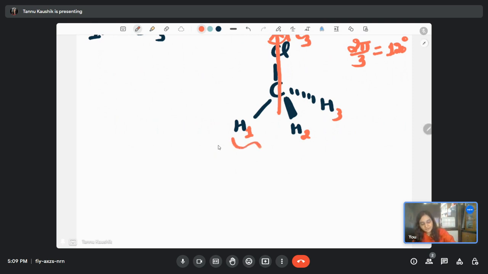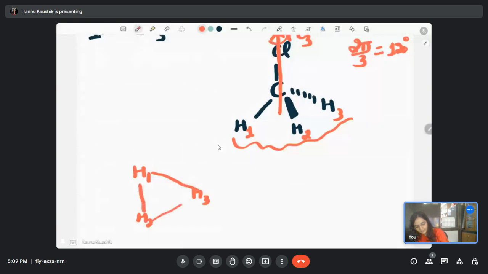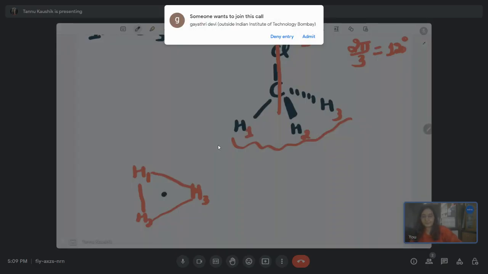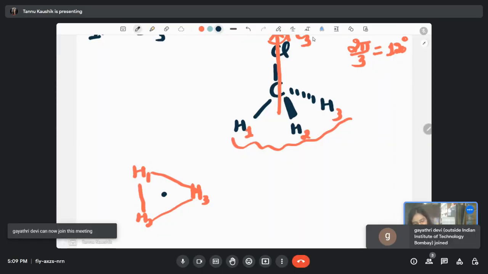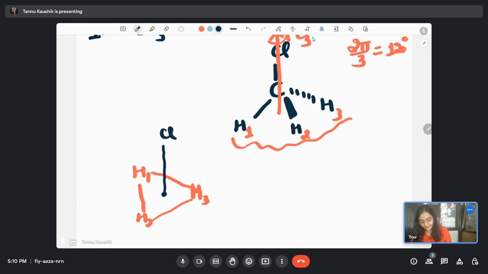So what is happening here is these three protons are having 120-degree angles between them. And when we represent them in the form of a triangle, this is the carbon atom I'm representing here, and this chlorine will be attached like this to the carbon atom.